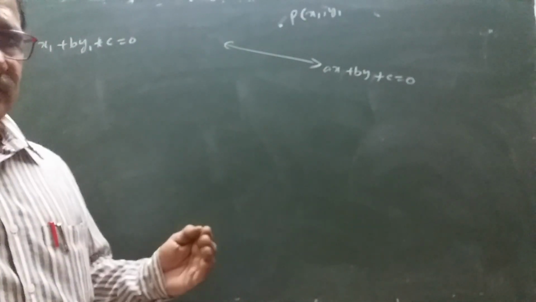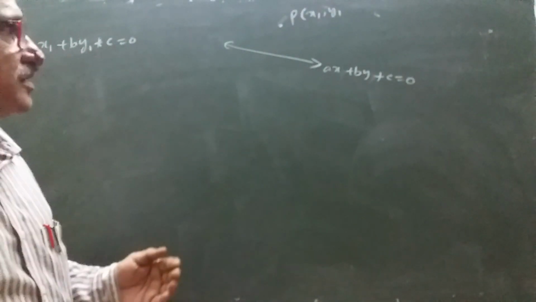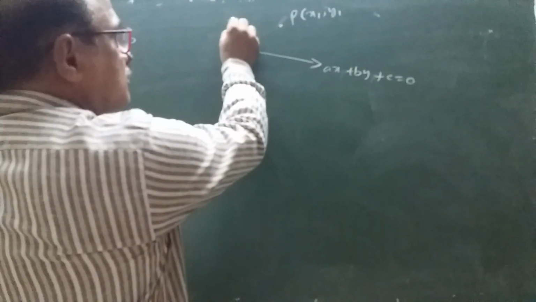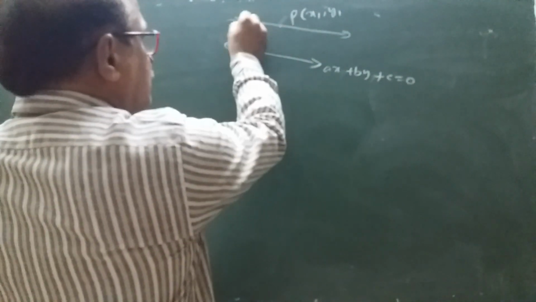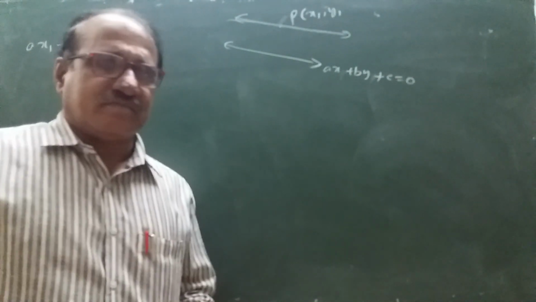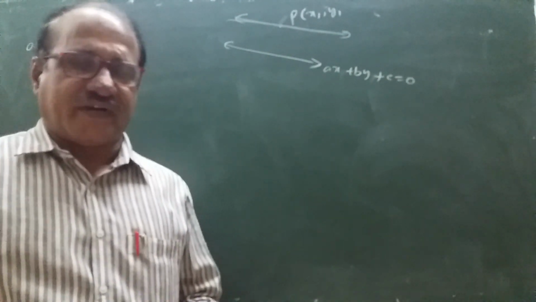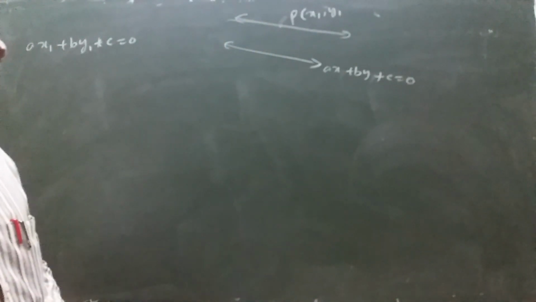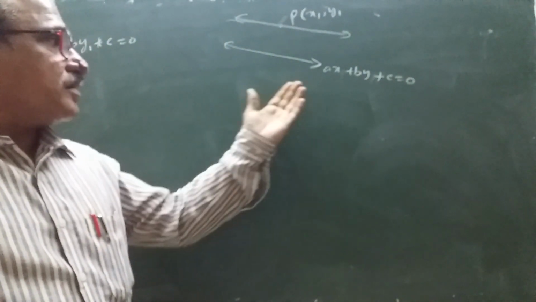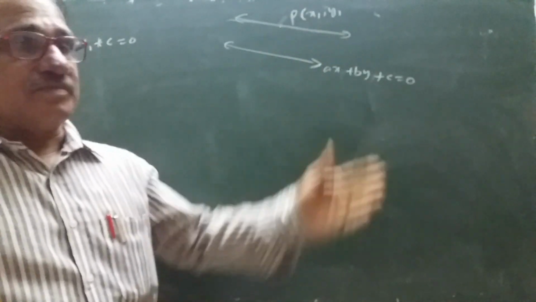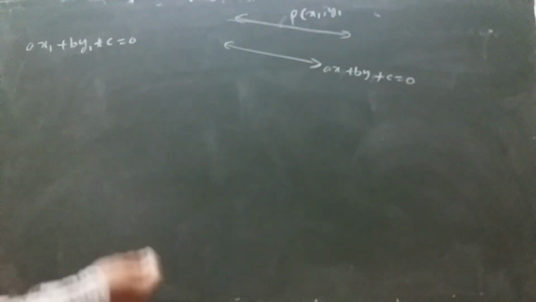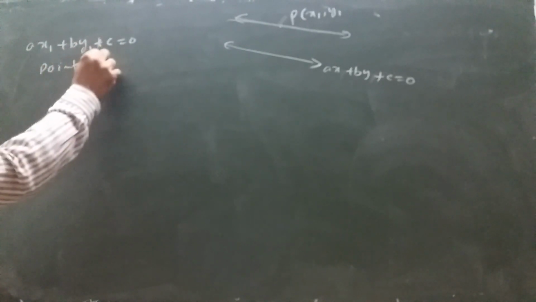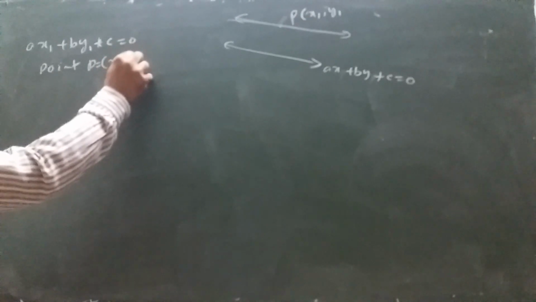Our motto is to find the equation which is parallel to the given line and which is passing through P(x1, y1). By using a relation, we can find the equation of the straight line parallel to ax plus by plus c and passing through P, the point x1 comma y1.